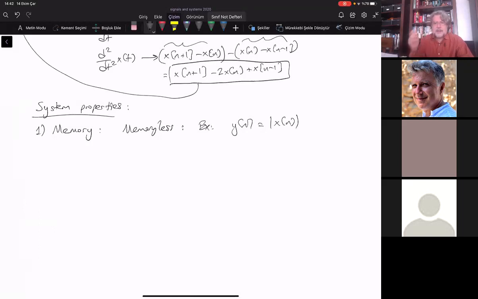A rectifier, for example, this is also valid for continuous time, of course. A rectifier is such a thing. Or if you are taking the square of an input, then of course it's again memoryless because you are only taking the instantaneous value and you're taking the square of it.